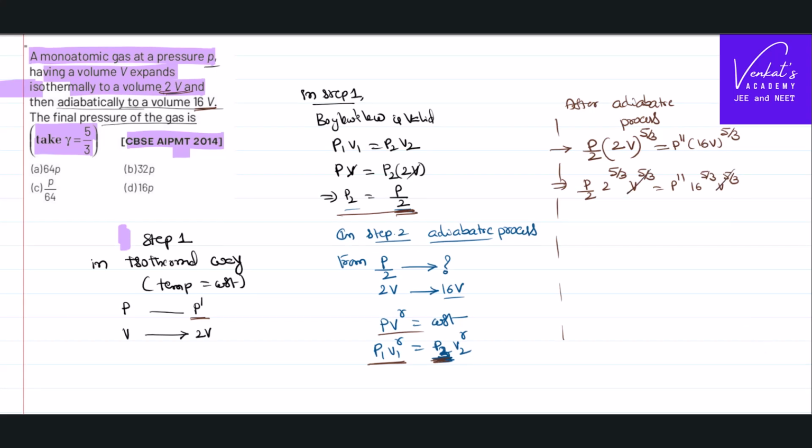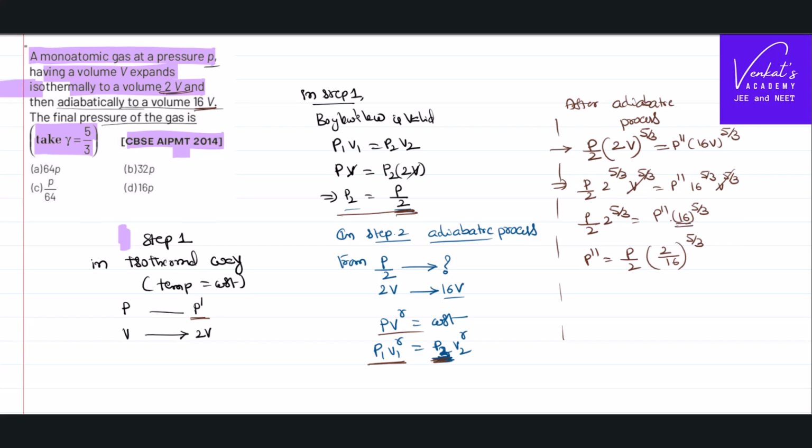I need not know that value at all. So P by 2, 2 power of 5 by 3 equal to P double dash, 16 power of 5 by 3. So P double dash, what we have to calculate, is P by 2, 2 by 16 power of 5 by 3.